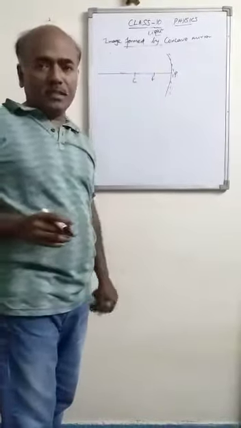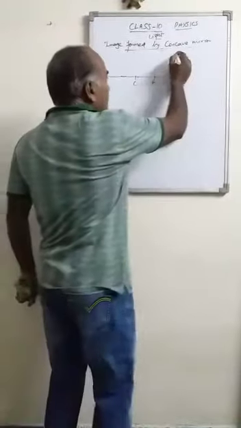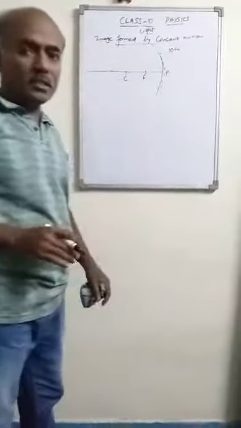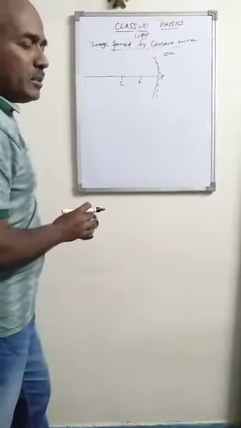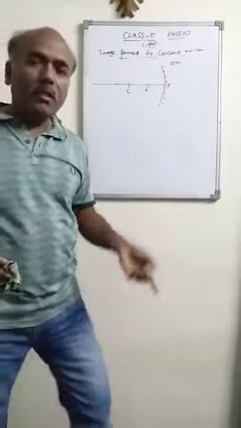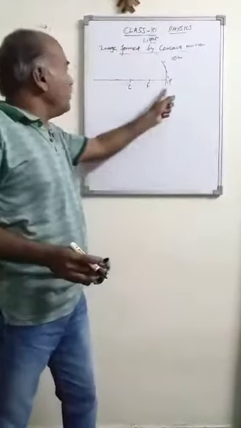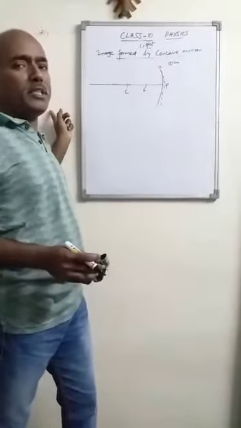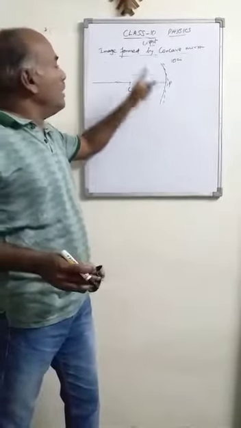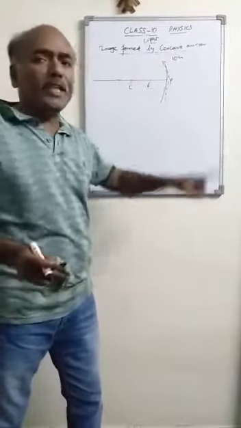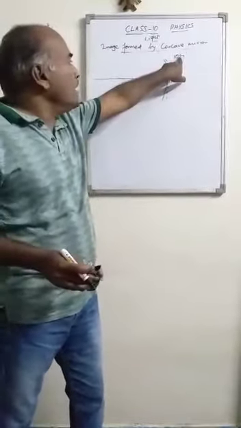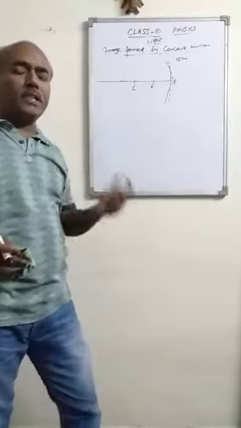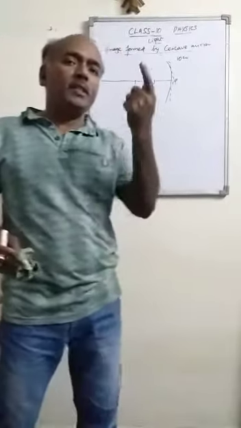Suppose the focal length of this concave mirror is 10 centimeter. If this mirror is turned towards any object which is at a distance of 20 meter or beyond that, that object will be taken as infinity for this mirror, because compared to 20 meter, the 10 centimeter focal length is very small.